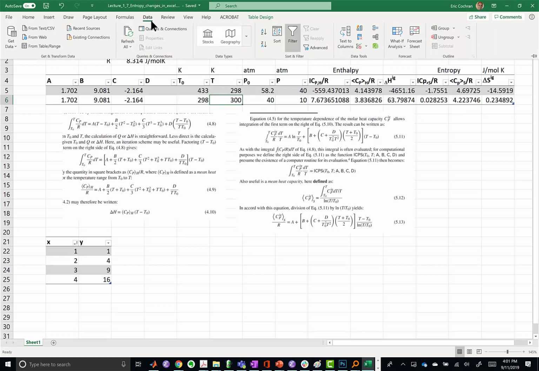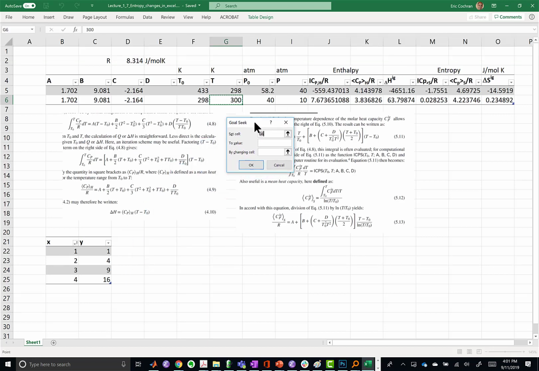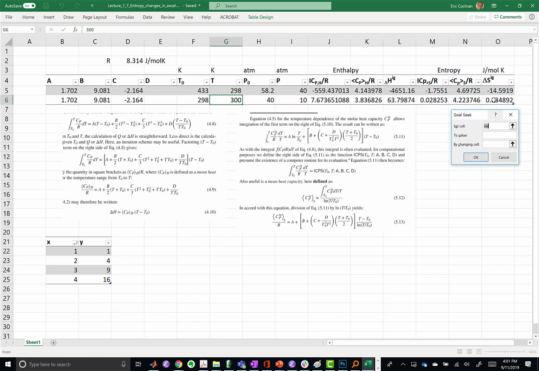So let's go up to Data. Up here, there's a bunch of stuff. Where I want you to go is What-If Analysis, and goal-seek lives right here. So goal-seek is a simple little tool. What we want to do is set this entropy value to 0 by changing the temperature.